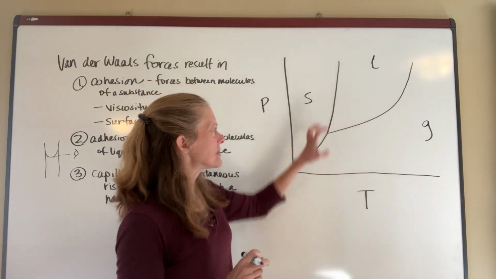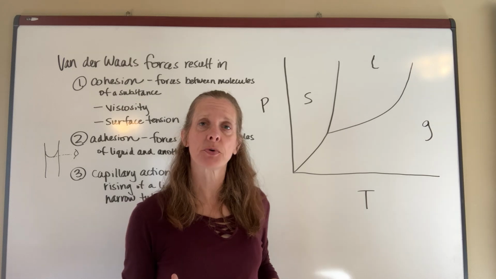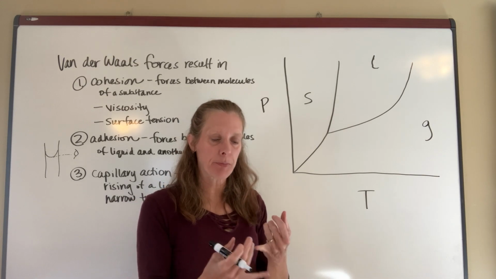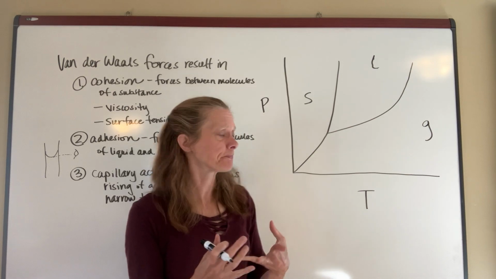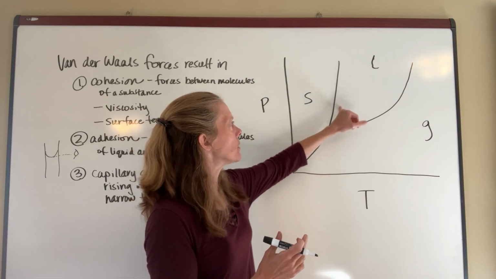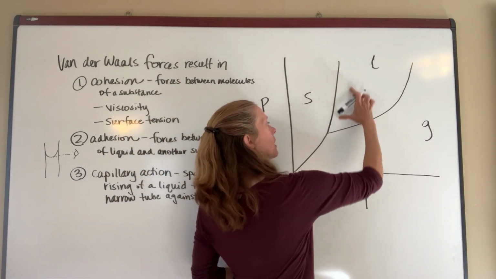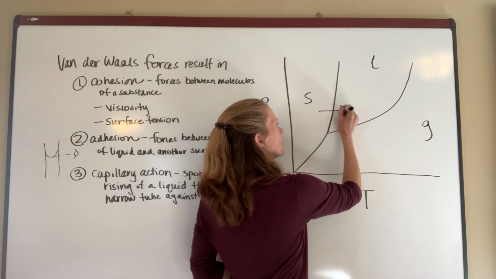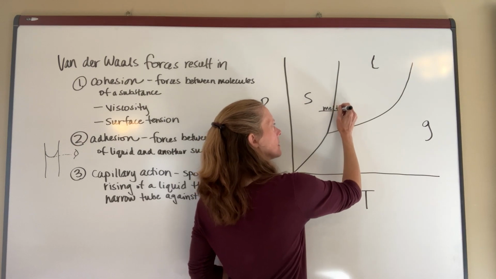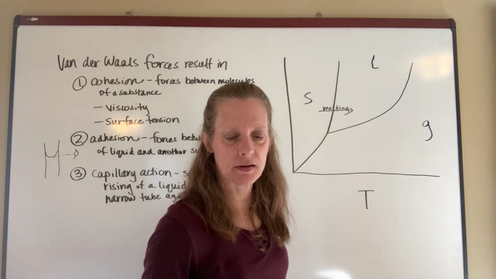Now, what is the deal with these lines? Well, as we have already talked about, temperature and pressure both affect where a liquid evaporates, where it boils, where it melts. And so the line right here, in this section up here, from this side of the line to this side, this is where melting is going to take place.